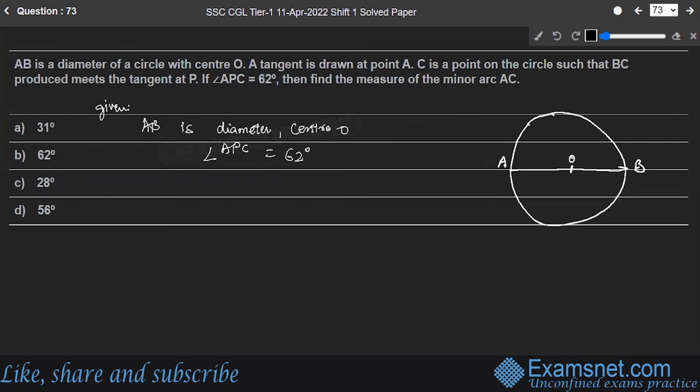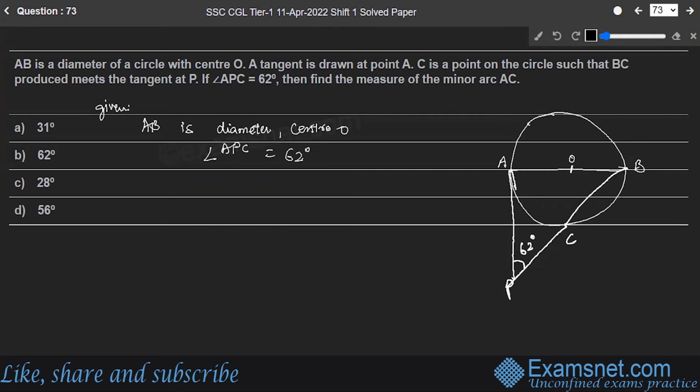C is a point on the circle such that BC produced meets the tangent at P. So let this point be C, such that BC, when I'm producing, meets at point P. So here is point P, and this angle is given to you as 62 degrees.